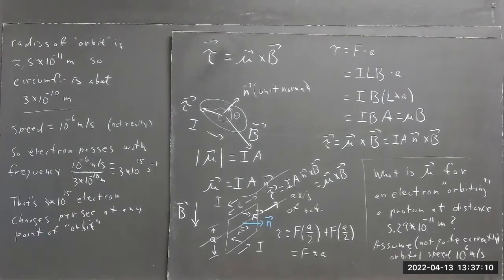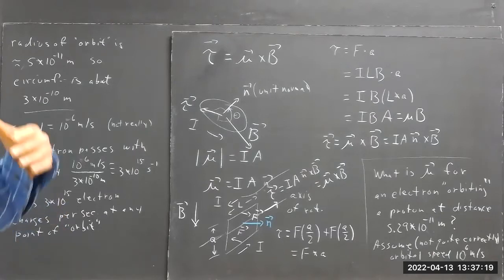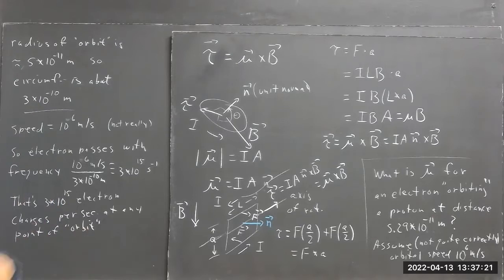As far as current's concerned, it doesn't matter, it's the same electron. That's how many electrons are passing every point, or how many times the one electron passes that point, it doesn't make any difference. That's the current.